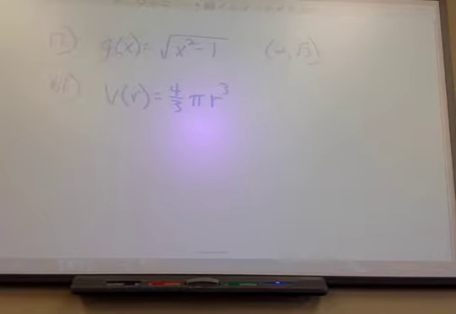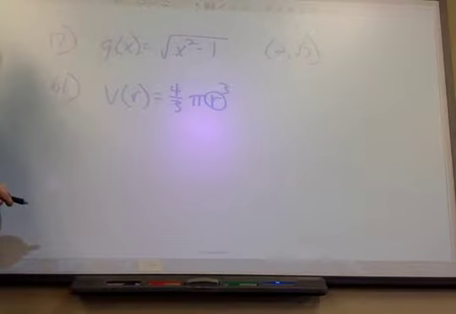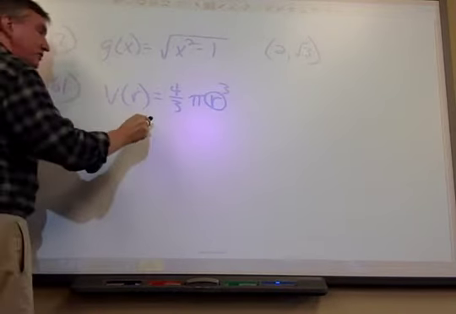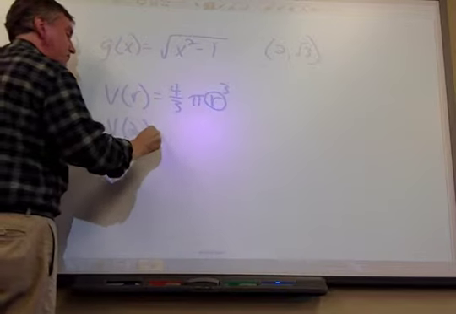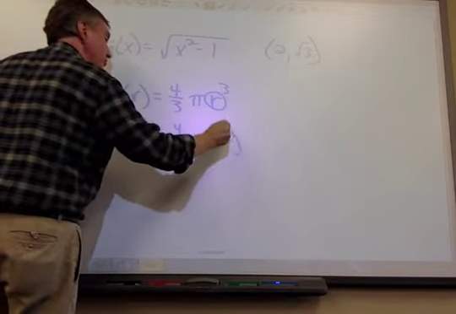All they want you to do here is replace r with 2r and see how that affects the whole value. So if I put 2r for r, V of 2r is 4/3 pi (2r) cubed. What is 2 cubed? 8. Good. So that would be 4/3 pi r cubed times an additional factor of 8.